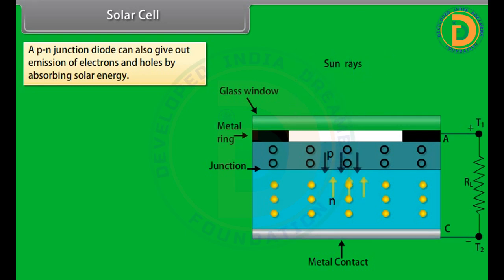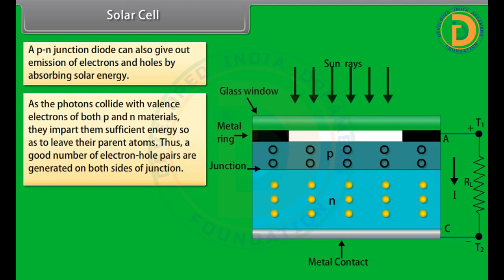The p material at the top is very thin compared to the thickness of the n material. Thus, solar energy photons entering from the top glass window easily penetrate up to both sides of the junction. As the photons collide with valence electrons of both p and n materials, they impart sufficient energy for them to leave their parent atoms.